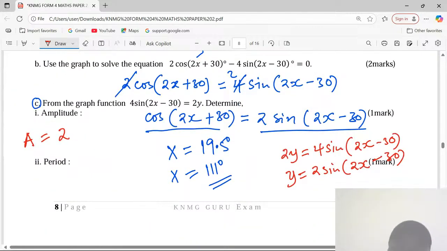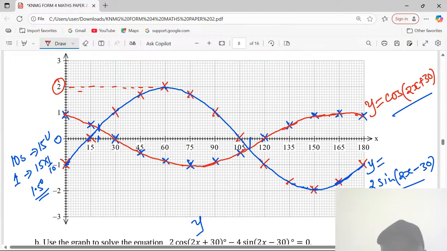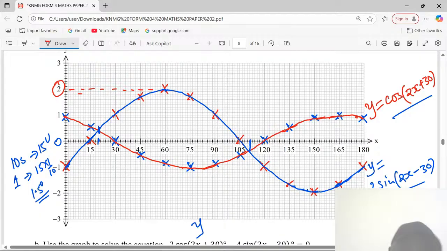Then the next thing should be the period. When is the wave making a complete cycle? So we can consider from 15, let me change my ink a little bit, from 15 all the way to 105. That is half a cycle. And how many degrees do we have there?